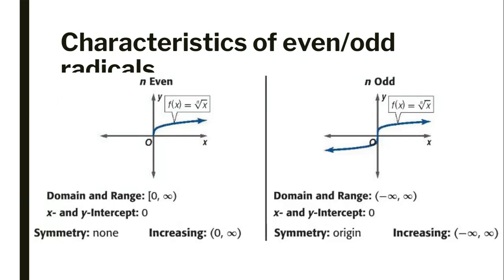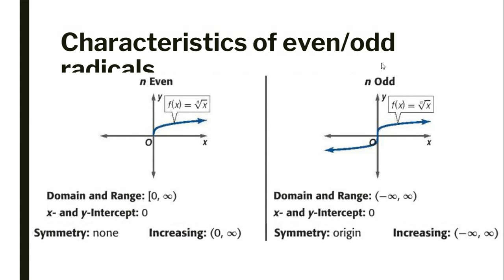Well, I think you can see that with even root functions, the domain and range is always going to be 0 to positive infinity. The x and y intercept is always going to be 0, 0. And that they are increasing from 0 to positive infinity.